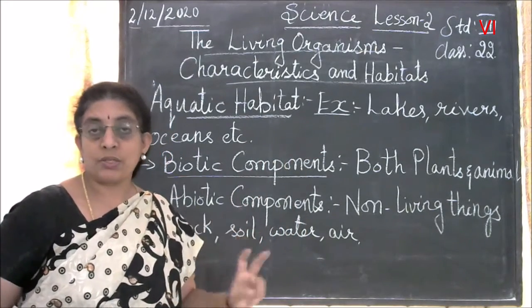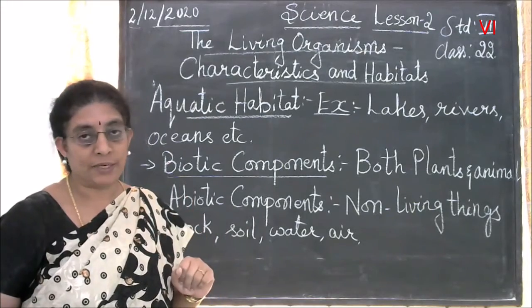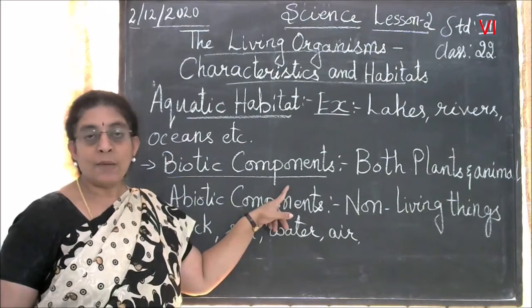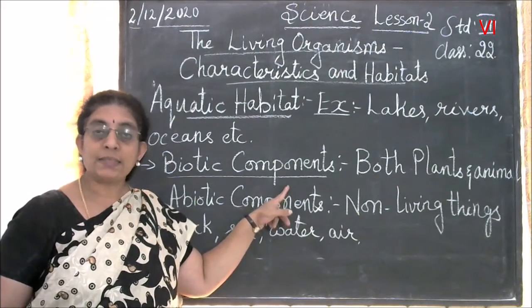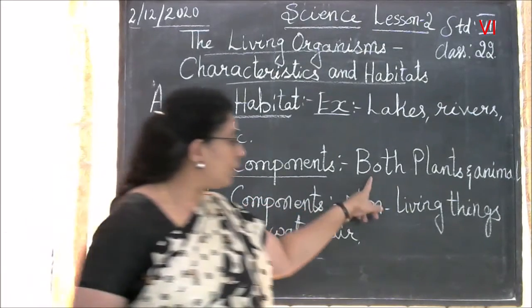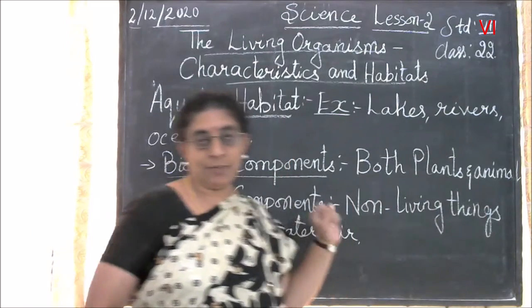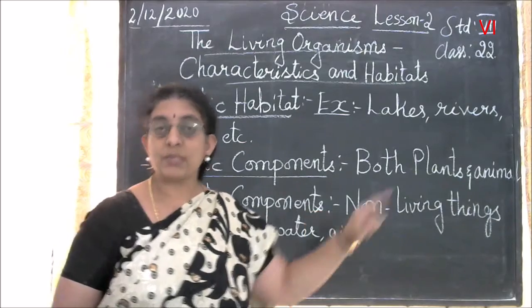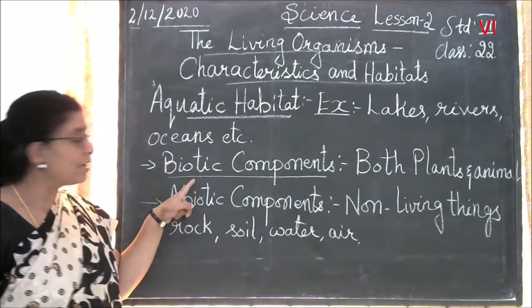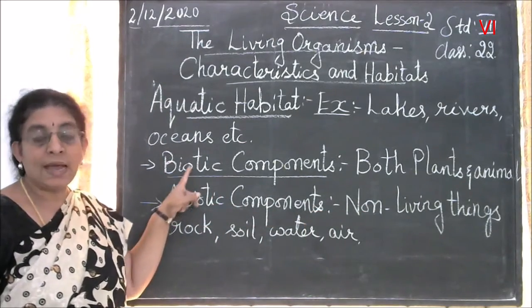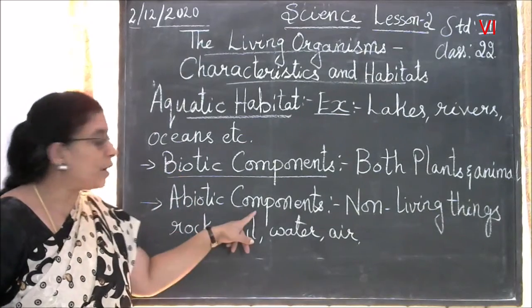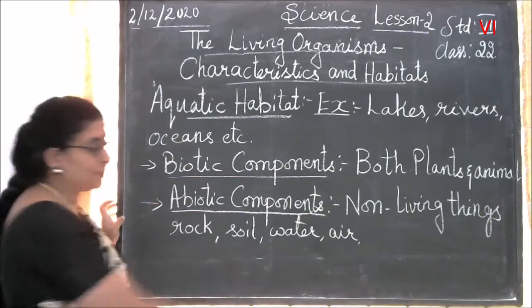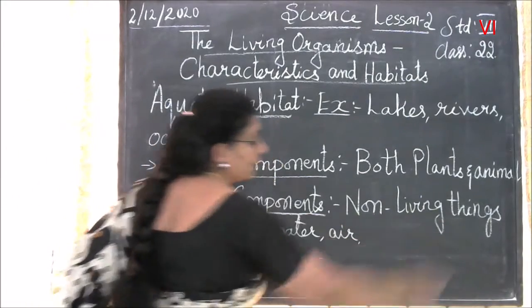So in this you have got two types of components. One is called the biotic component. The biotic component contains the living things, that is both the plants and animals, which are living things, so they come under the group of biotic components. And then next is the abiotic components. Abiotic components means the non-living things.